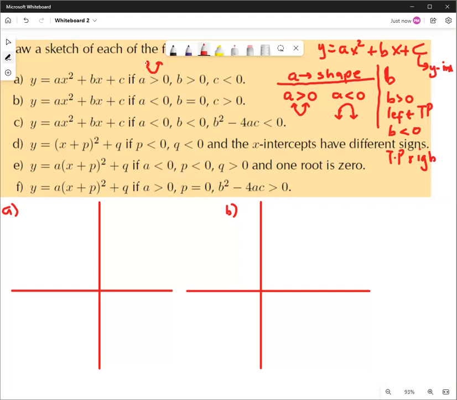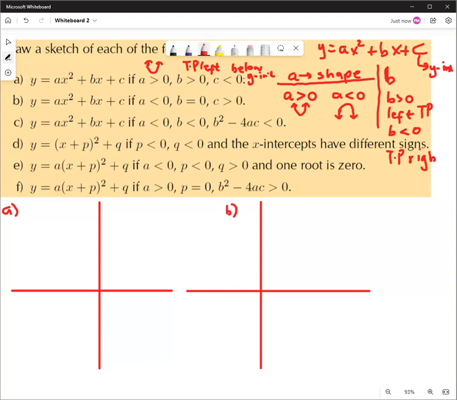And then I know my turning point is going to be on which side. b is greater than 0 means positive, so TP will be on the left. Remember we said it's always opposite. And then c is negative, which means our y-intercept is below, because it's negative.